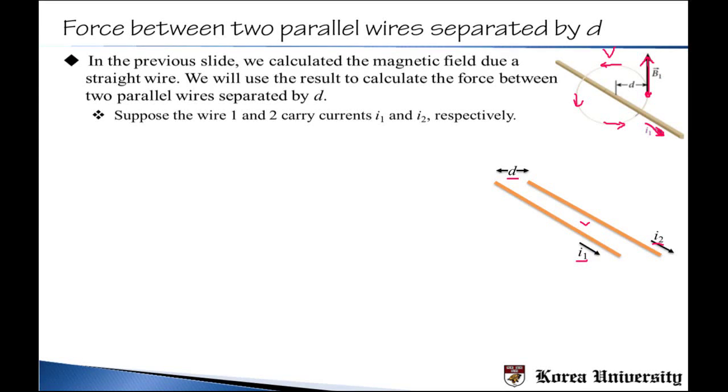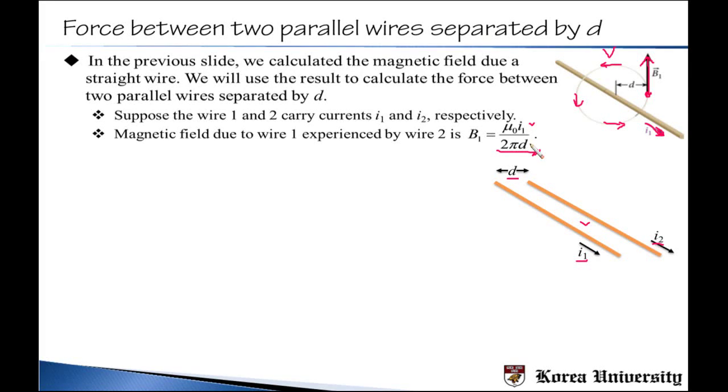And what is the size of this magnetic field? According to what we have learned in the previous slide, it has to be given like this. Here the current has to be the current of the first wire, and the distance will be the distance between the first wire and the position where you want to consider. In this case, this will be the position of the second wire.